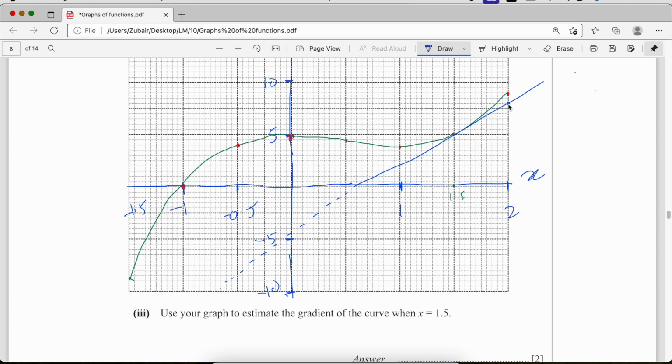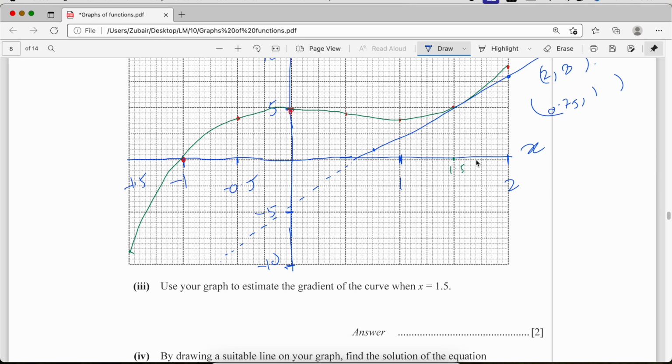So I'm selecting this point, which is x is 2, and y is, this is 5, 6, 7, 8. 2, 8, and I'm selecting this point, which is 0.75, and y is 1.